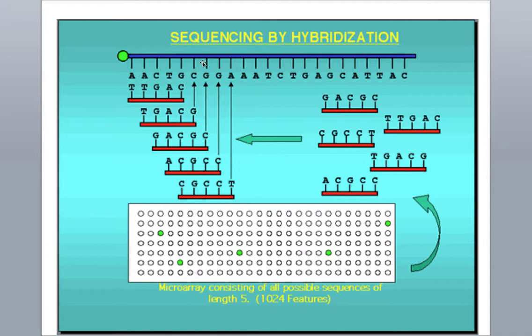And when we're looking at the DNA chips later in this course, we're going to talk about the SNP arrays. The SNP arrays are now extremely popular and extremely well studied, and practically they're using this technique. So again, sequencing by hybridization is not finding new sequences, but verifying existing sequences and finding variations.